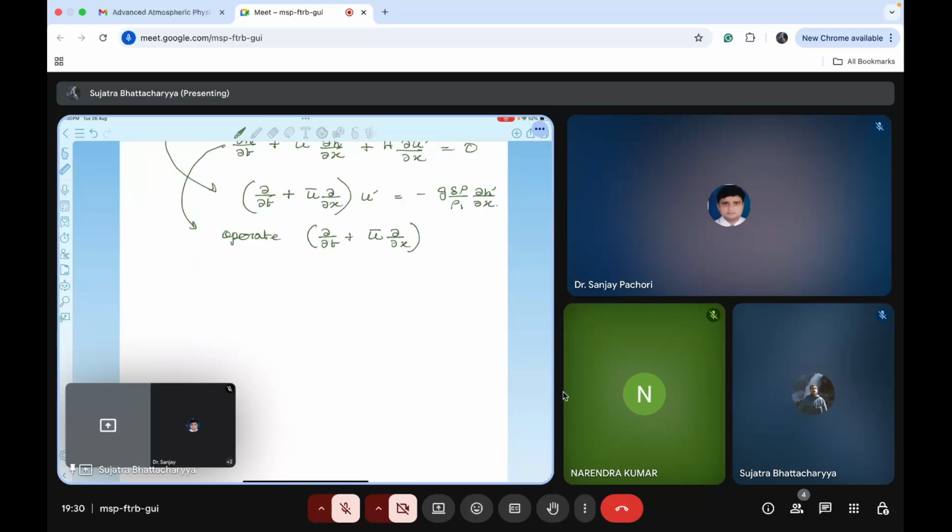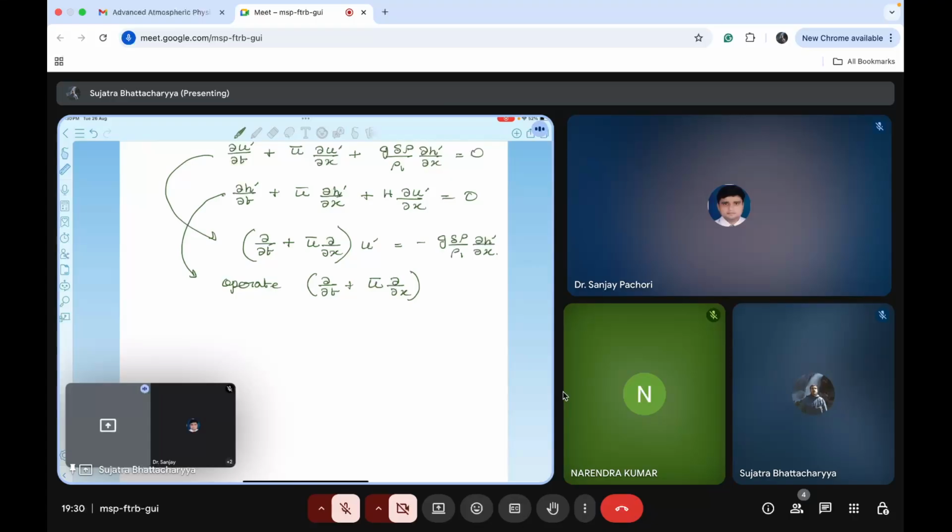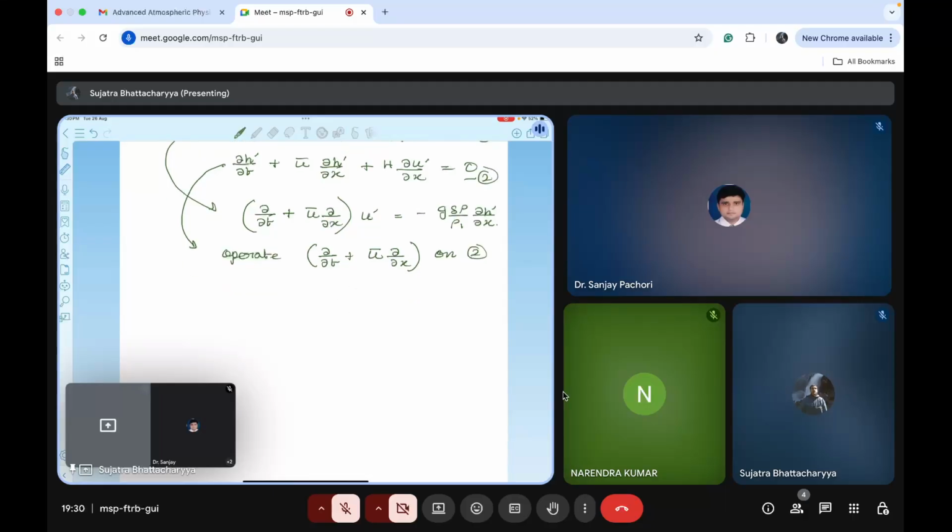Okay. So what I will get from the second equation on 2. Okay, this is the second equation. This is the first equation. So if you operate this, what do you get? (∂/∂t + ū ∂/∂x) whole square h' plus h ∂/∂x and the same (∂/∂t + ū ∂/∂x) times u', that is equal to 0.